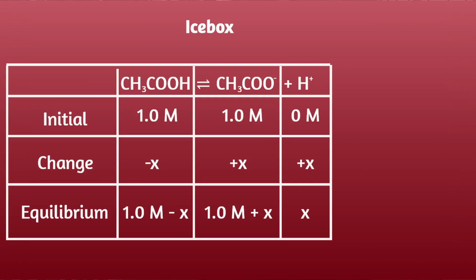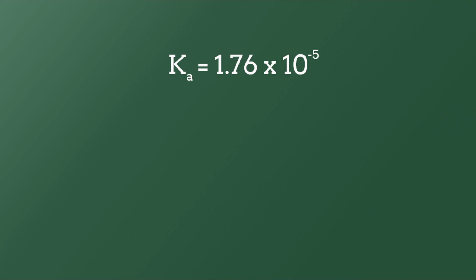Now here we don't include the sodium. Sodium is there and will remain, but it's just a spectator ion. It won't take part in the main reaction. And these are the values, and the Ka is 1.76 times 10 to the negative 5.